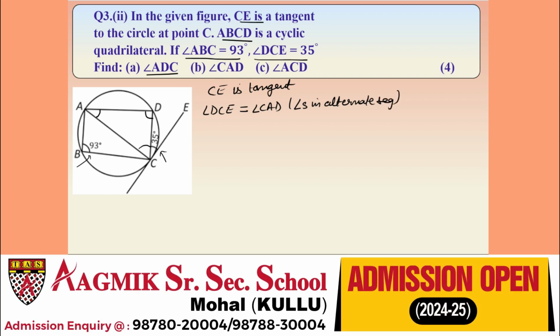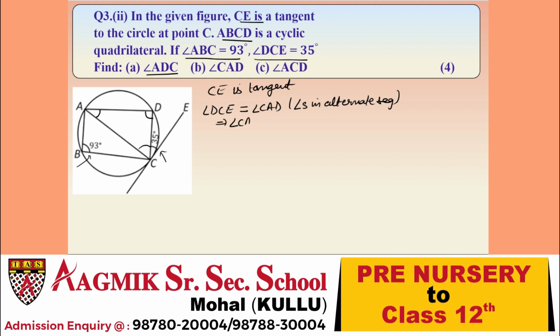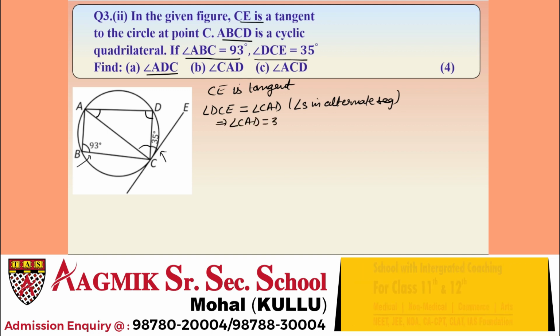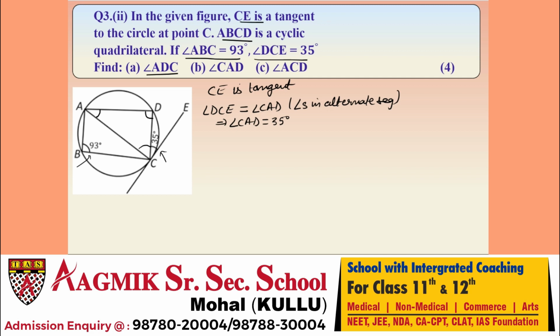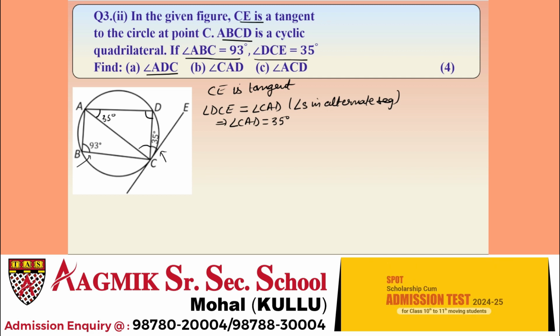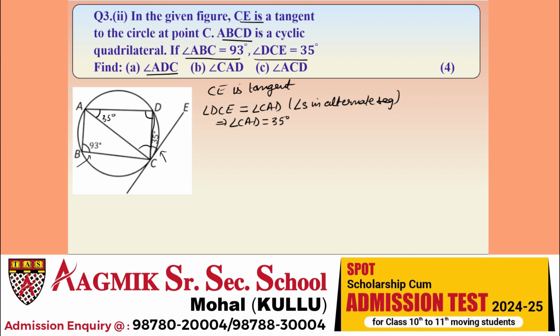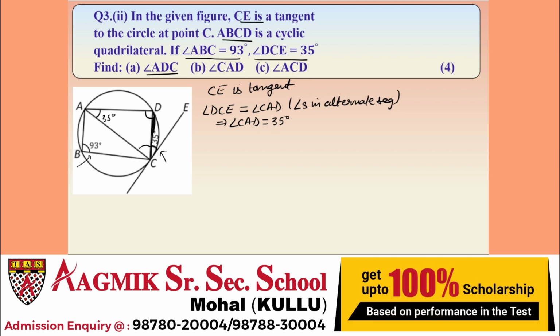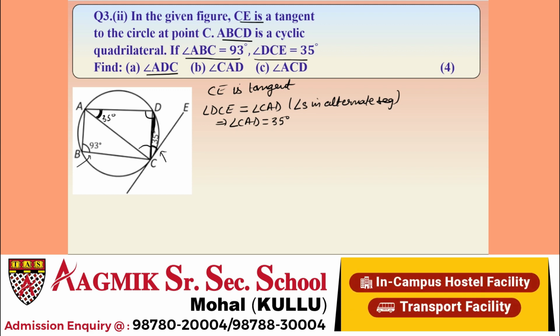So we have DCE as 35, so this implies angle CAD would also be equal to 35 degrees. So this angle would be 35. Why is it in the alternate segment? See, this CD is the chord. So here the angle formed is 35, so in the alternate segment the angle formed is the same.